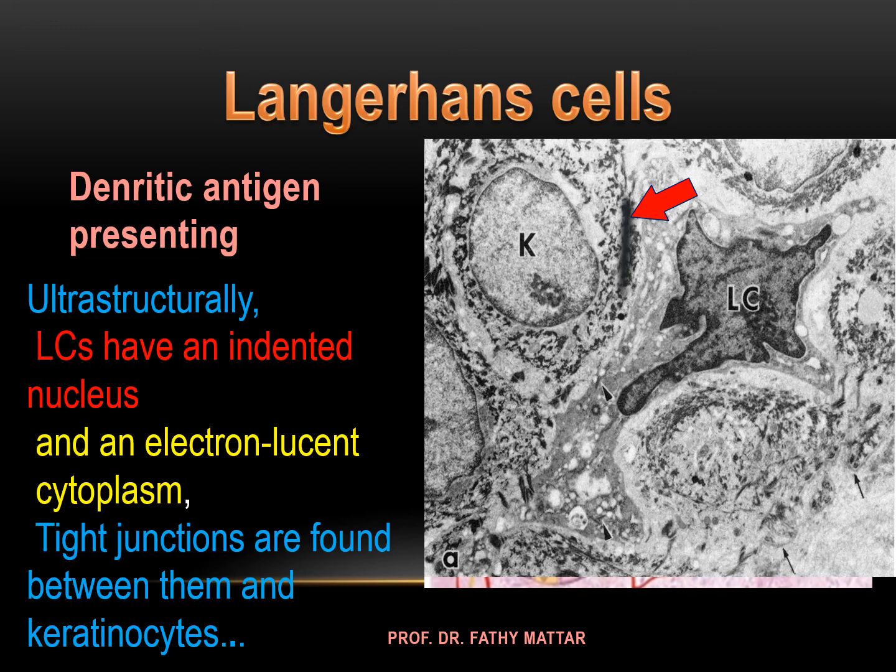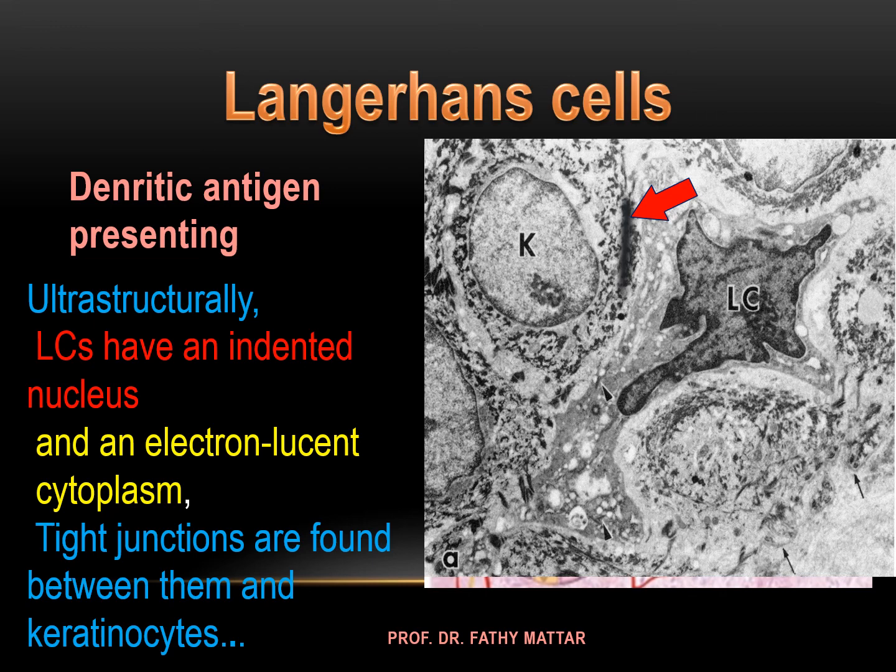Tight junctions are found between them and the keratinocytes. That's why the microorganisms and foreign antigens found on the surface of the skin cannot pass between the cells, and they have to pass through the Langerhans cell.